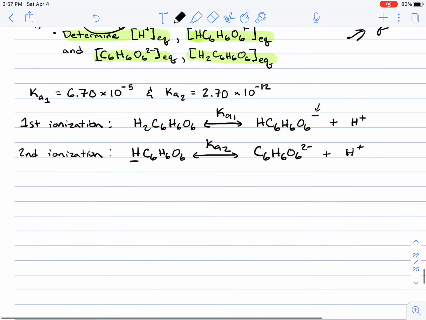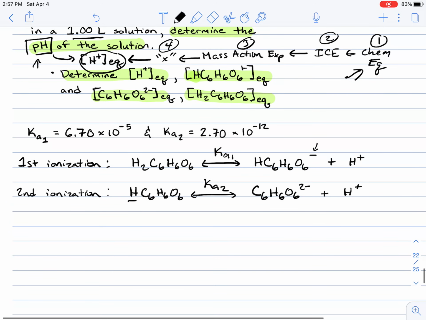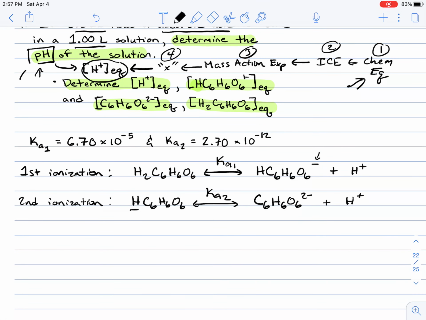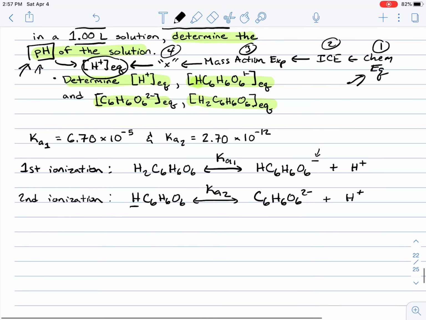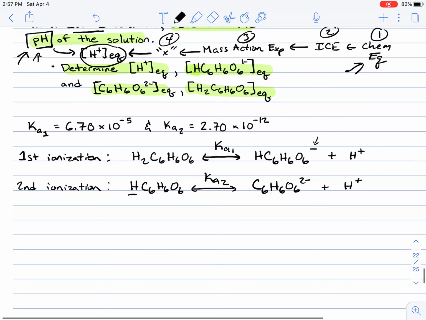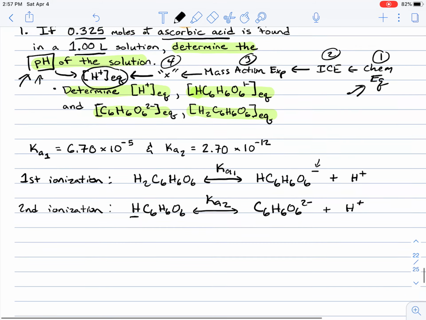And so when you guys are trying to calculate the equilibrium concentration or the pH of the solution, you have to take into account both ionization steps. I'm going to show you the long way of solving this problem, just so that you can understand the shortcut.